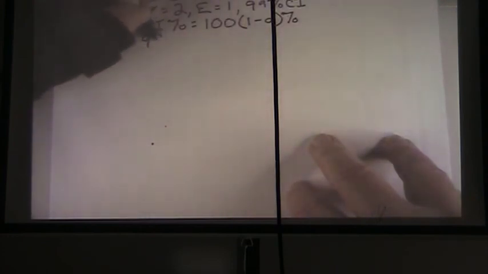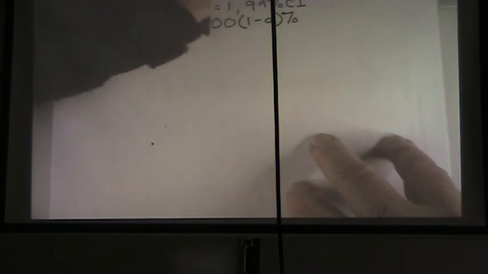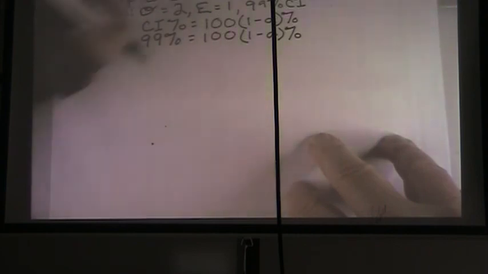All right, so 99% equals 100 times 1 minus alpha percent. I divide both sides by 100%.